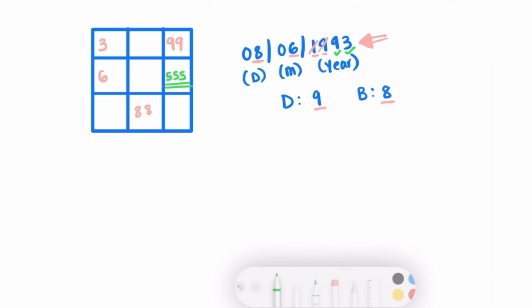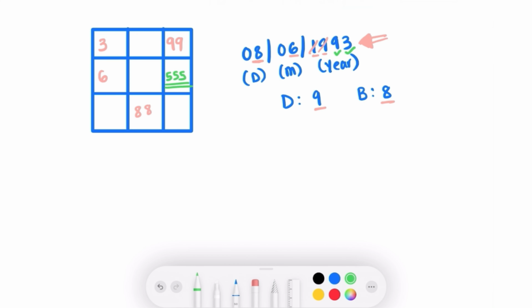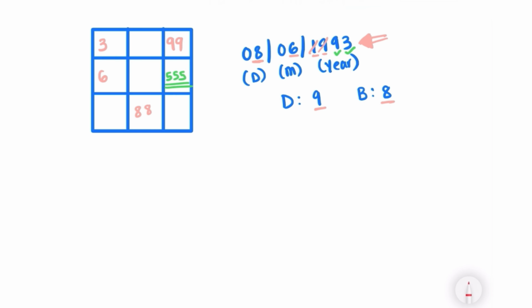So what I want to say is, double numbers are not good. Any number except for 4 and 8, if you have it doubled in your chart, that means that time frame might give you some problem related to that planet. Double 8 and double 4 are good. But if you have double 3, not good. Double 6, not good for relationships, because Venus is the planet of relationships, right?